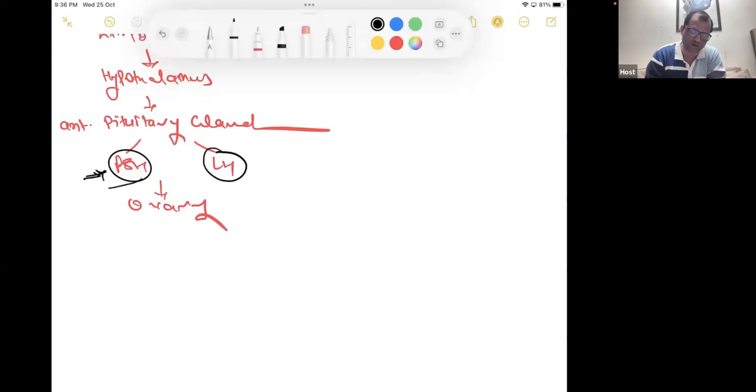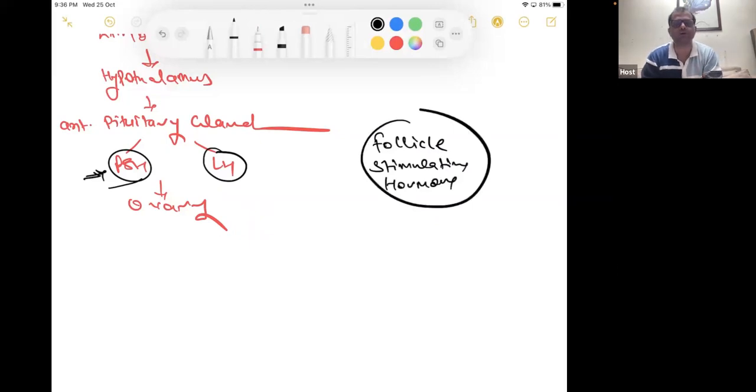Because the meaning of FSH is follicle stimulating hormone. It means the hormone which will make follicle, जो follicle बनाएगा.